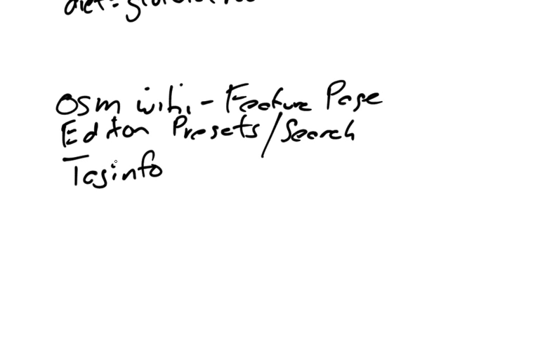I'll link to the feature page and taginfo. Taginfo gives you statistics on how often a key is used and what combinations of keys exist, and also where geographically a key might be more common. So you can use the OSM wiki, you can search, you can use the feature page, you can use your editor presets, or you can use taginfo. Those are really the most common ways of finding tags.